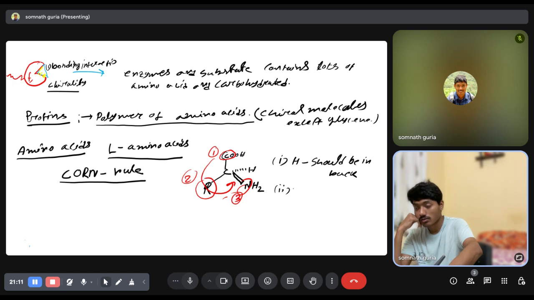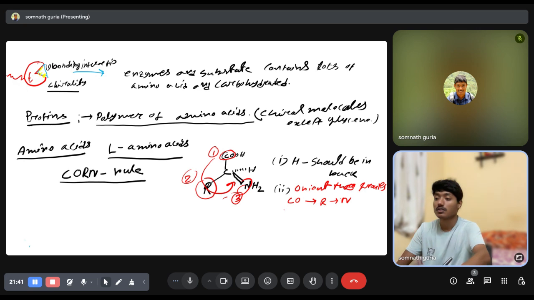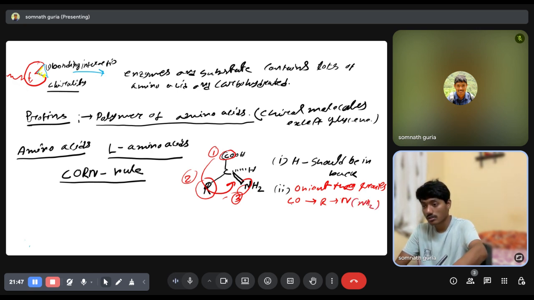and the rotation orients the groups such that it should be CO followed by R followed by N. N will be the NH2, and this will be my COOH.